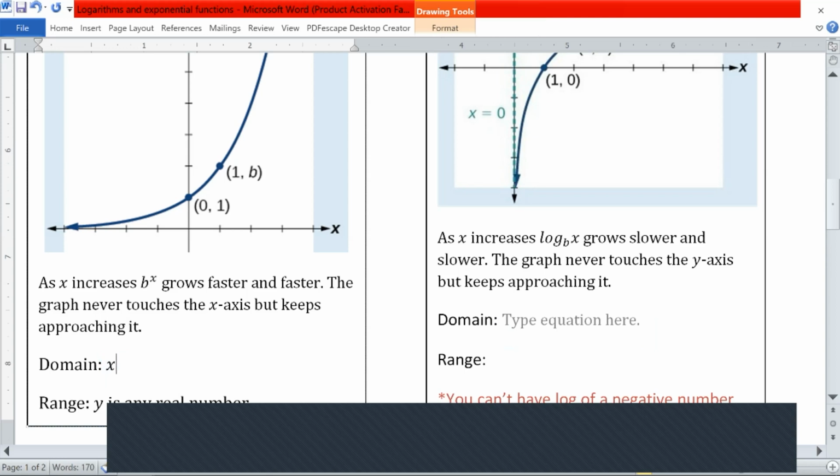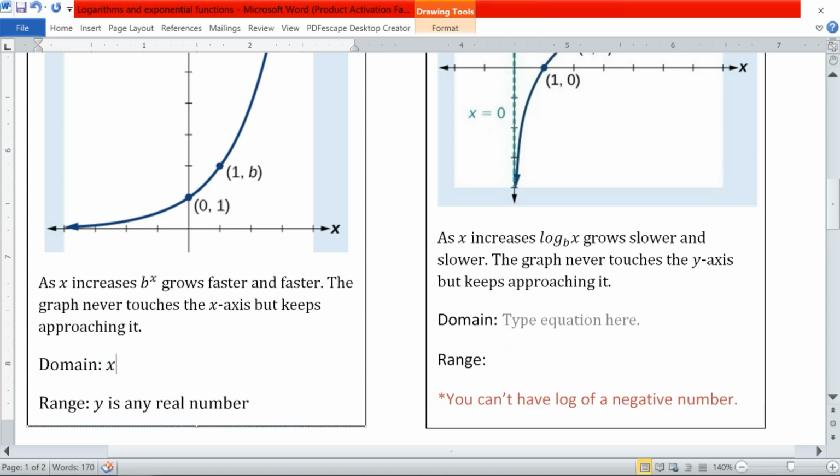I have a fair suspicion now whether you did this right. For the exponential function, domain is all real numbers. X can be any real number. Why isn't anyone talking?